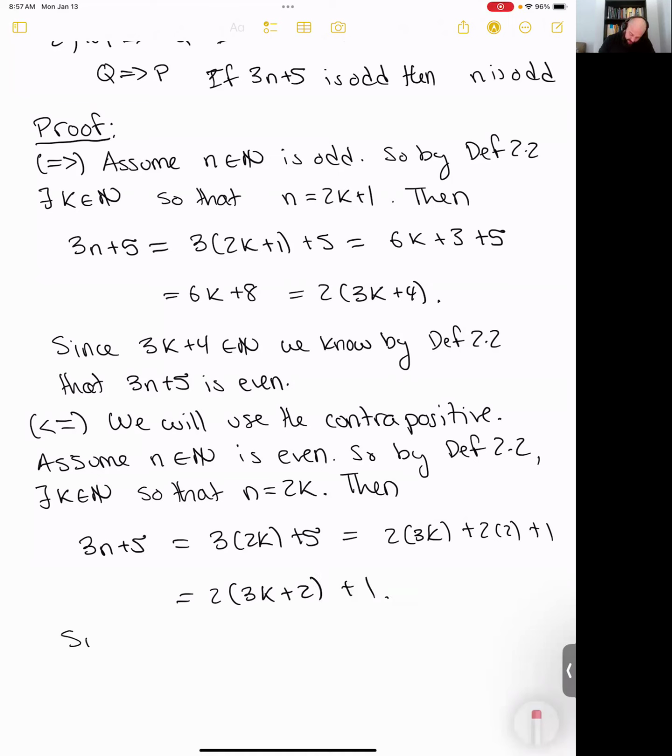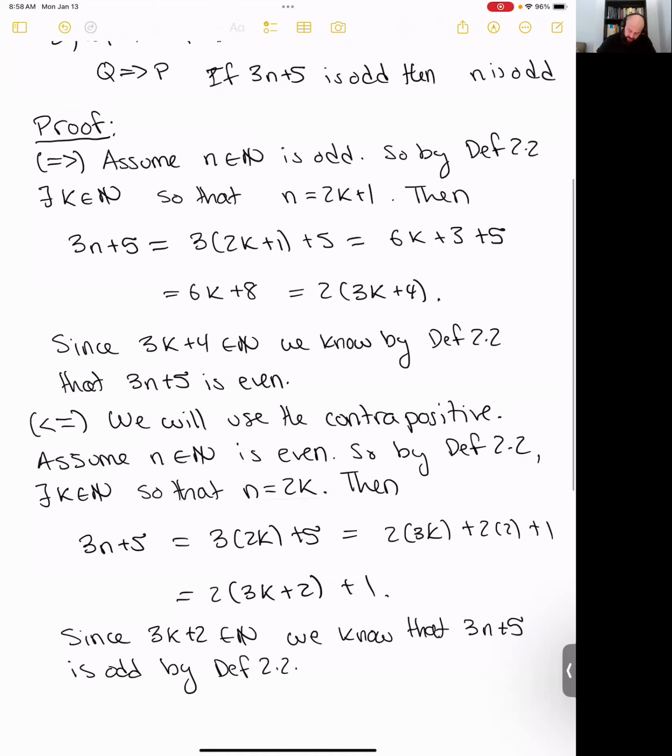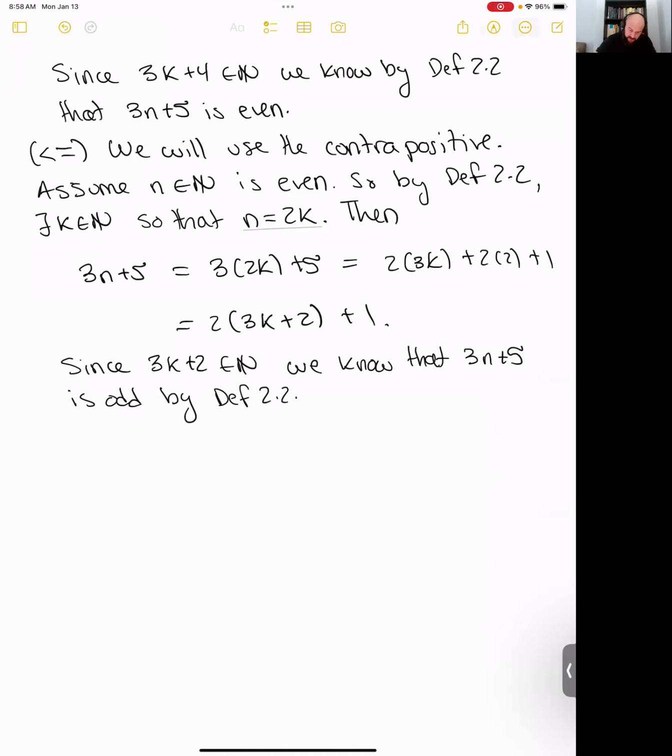Now, since 3k plus 2 is a natural number, we know that 3n plus 5 is odd by definition 2.2. And now we're just going to point out that we use the contrapositive again.